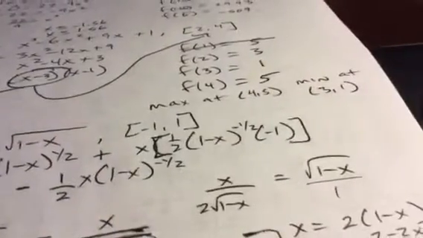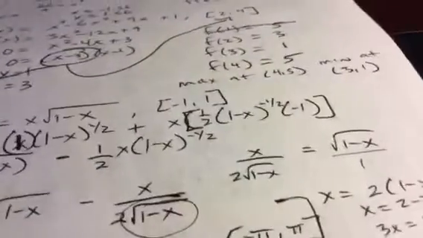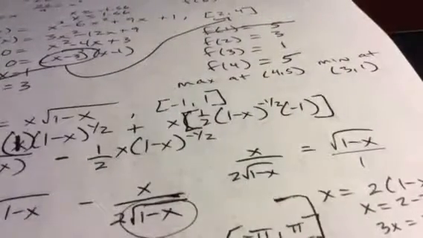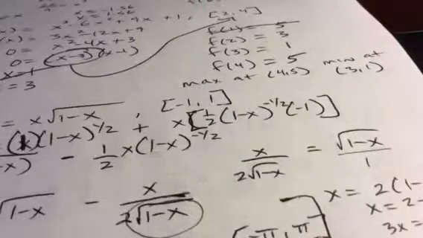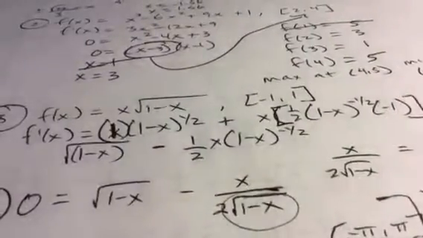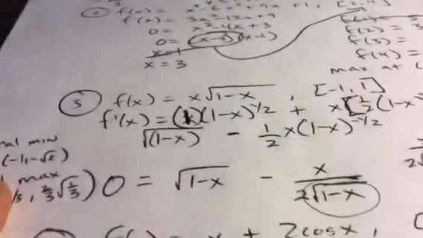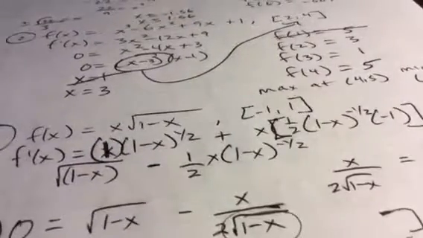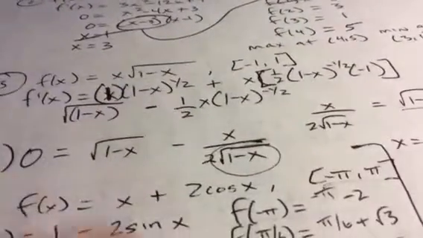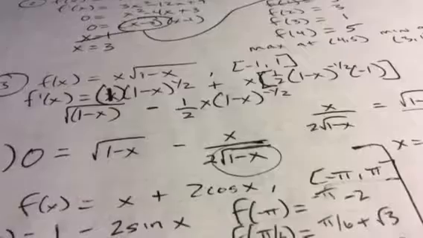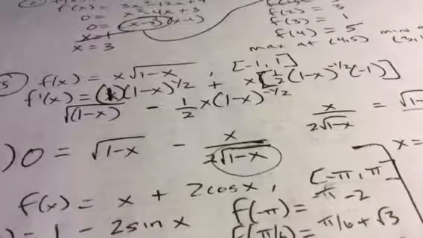Then I take the derivative of negative x, which is -1. I need to clean it up a little bit. -1 times x times 1/2 would make it a minus 1/2 x. Then I'm just going to rewrite it as 2 times the square root of 1 minus x on the bottom.